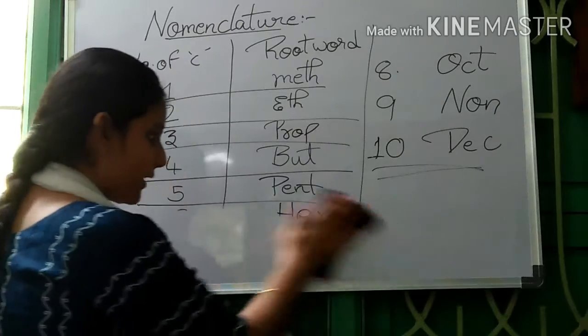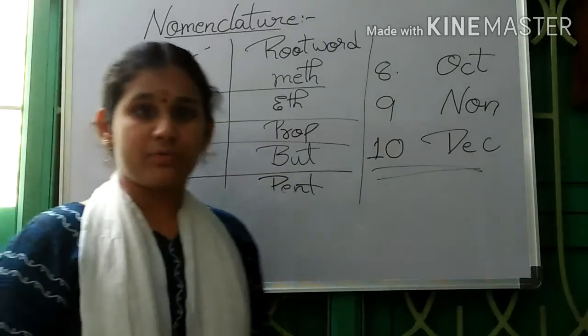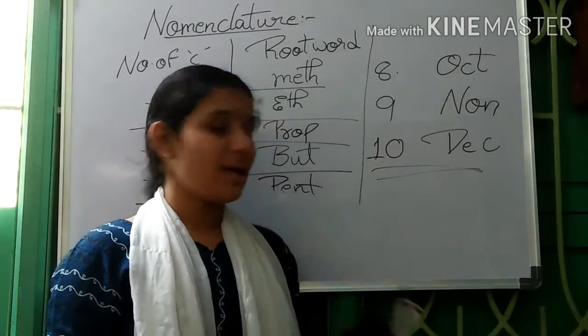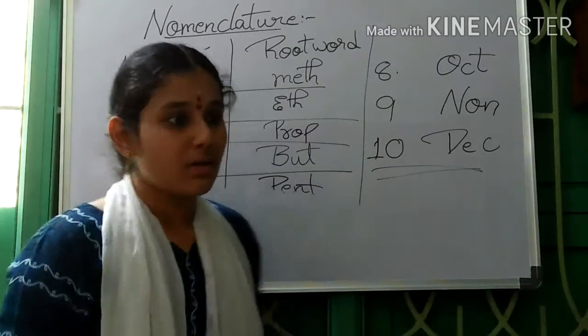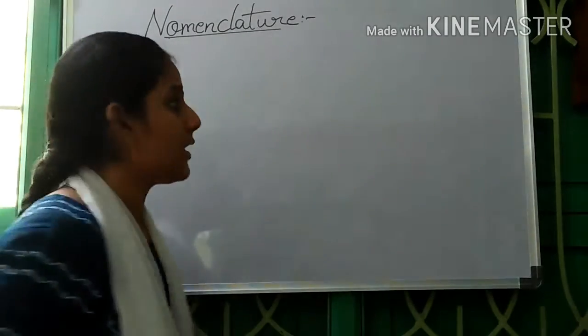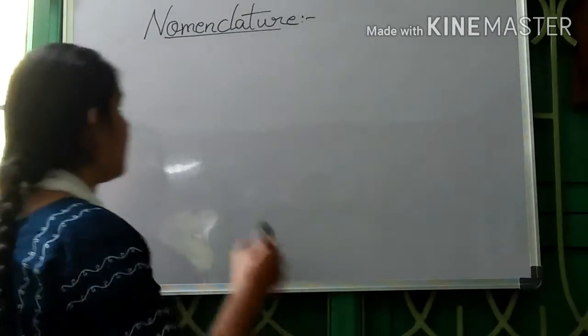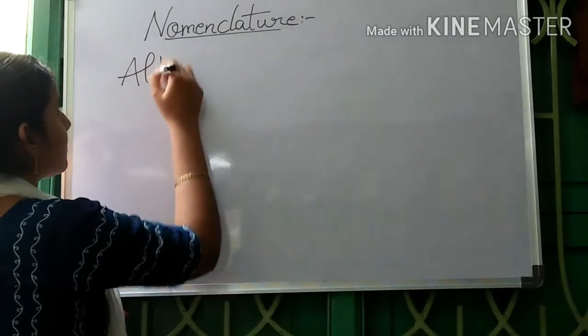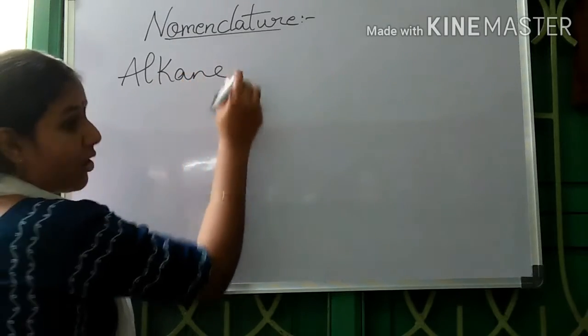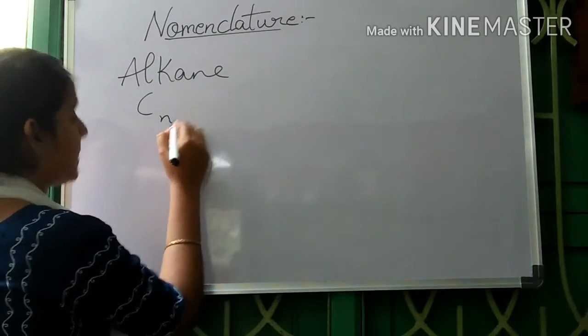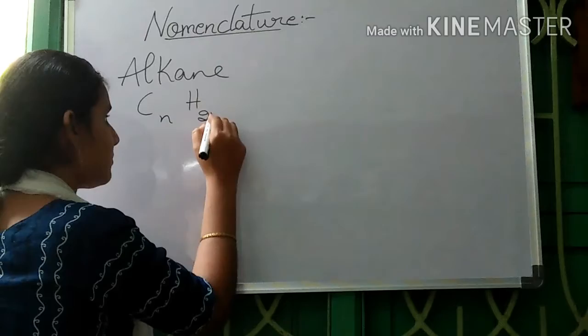After knowing the root word, we have to add a suffix to it. Let us see how we can do it. If the carbon chain is an alkane, it must follow a general formula CnH2n plus 2.